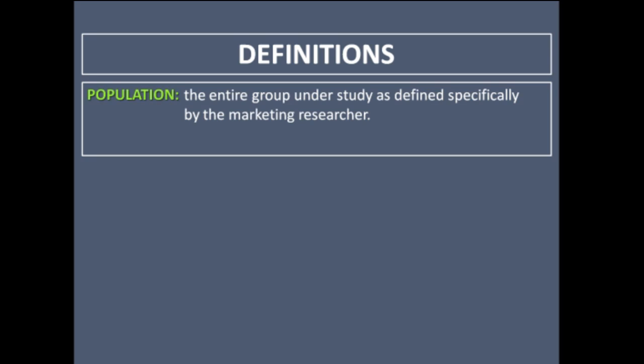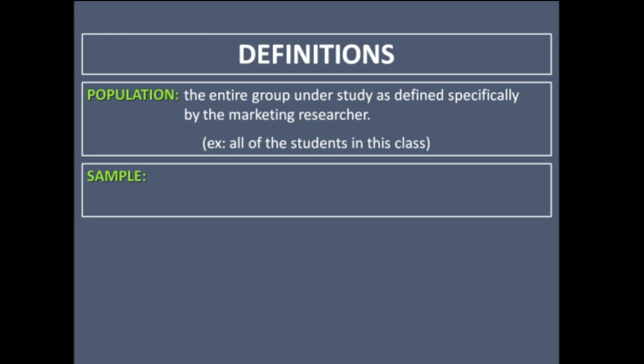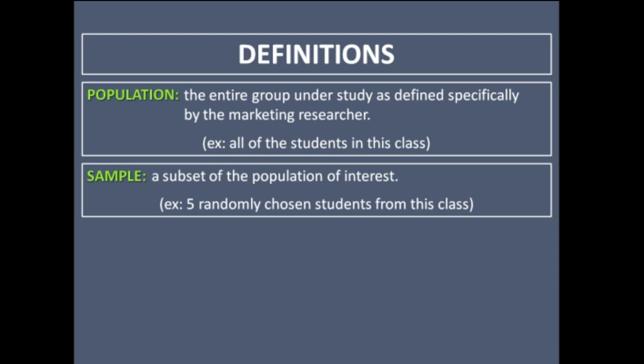So for example, if we're talking about this class specifically, the population would be all of the students contained within this class. A sample is a subset of that population. So in this case, we're not talking about every single student in the class. We may be simply talking about 5 randomly selected students.